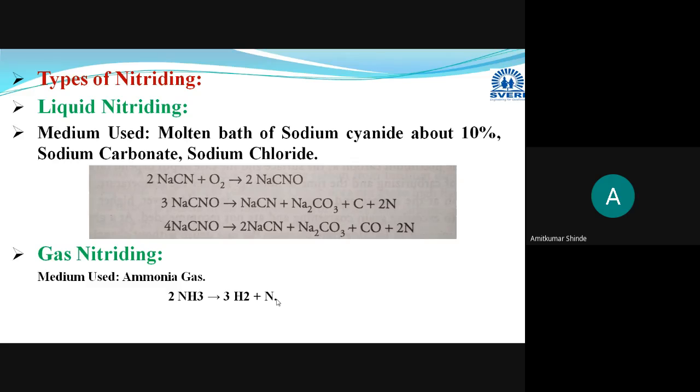Sometimes they may ask in objective questions which kind of diffusion occurs during the nitriding process. The confusing options will be atomic nitrogen and molecular nitrogen. Your answer should be that atomic nitrogen diffusion occurs in nitriding, and if molecular nitrogen is formed, it does not diffuse into the steel.